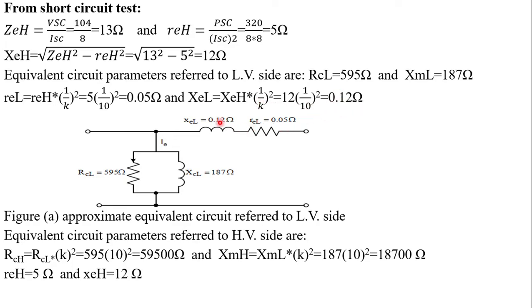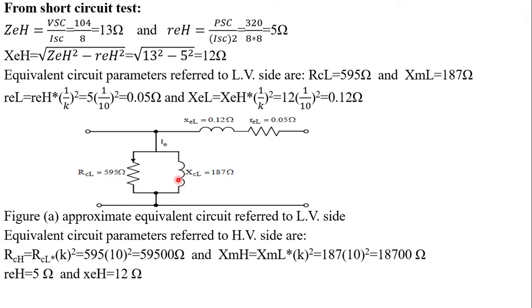And here is the approximate equivalent circuit referred to the low voltage side, which has Xel with this value, and Rel with this value. The core loss or the shunt parameters remain the same, because they are calculated at the low voltage side of the transformer.